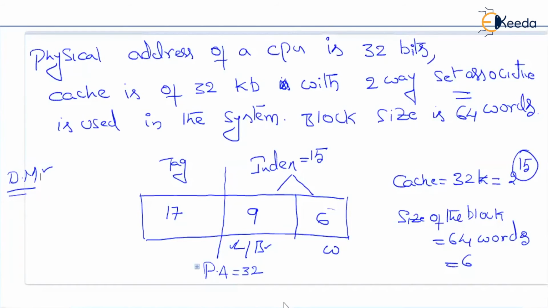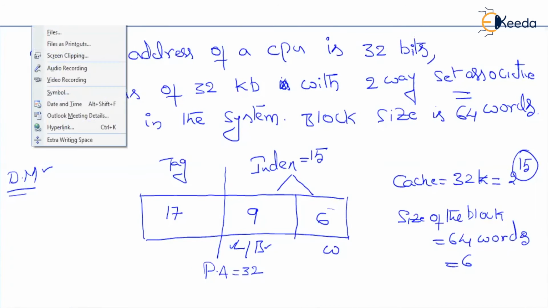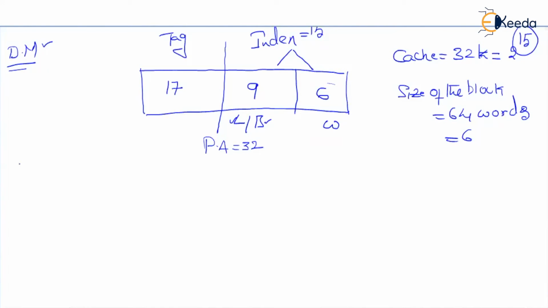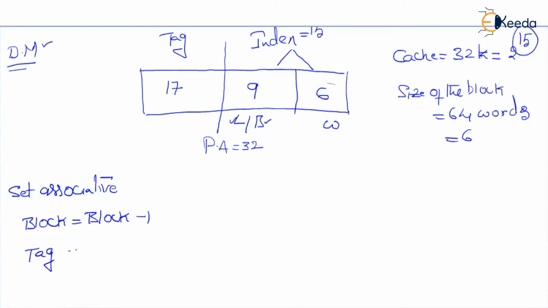When you go to set associative, block is equal to block minus 1, tag is equal to tag plus 1. You need to subtract one digit from the block and add it to the tag.